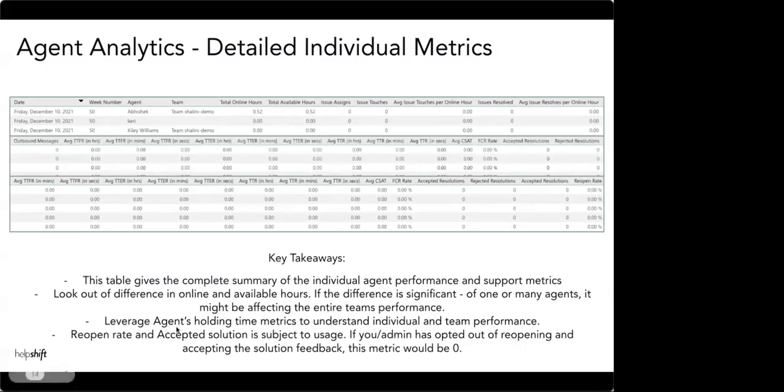You can also leverage agents' holding time metrics to understand individual and the entire team's performance. Reopen rate and accepted solution are subject to usage. If you have them enabled in the dashboard, then you can leverage these metrics to figure out how your reopen rate and accepted solution differ from agent to agent.